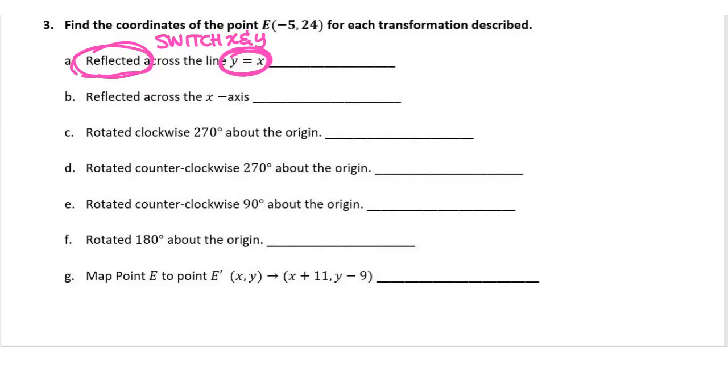When we reflect over x, x stays the same, right? When we reflect over y, y stays the same. When I have y equals x, normally in my ordered pair, which one comes first, the x or the y? Normally it's x comes first and then y in my ordered pairs. When I look at this equation, which one's coming first? The y. That helps me remember to switch it around.